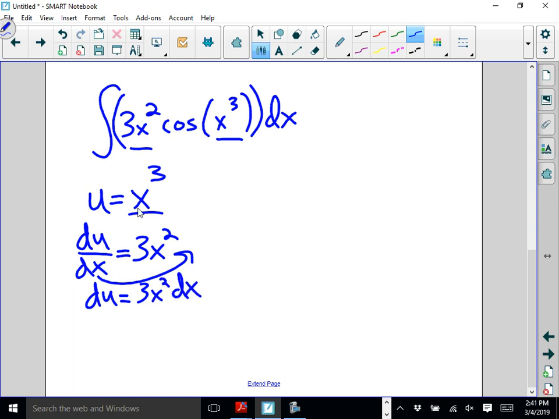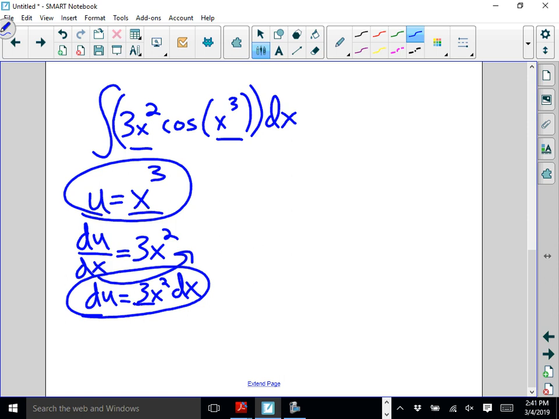Okay, so I want to figure out what u equals, and I want to figure out what du equals. What I want to make sure is that what's after my du matches what's extra in my antiderivative. Now, if you notice, I never accounted for cosine, and that's okay. There are some things that we won't account for.